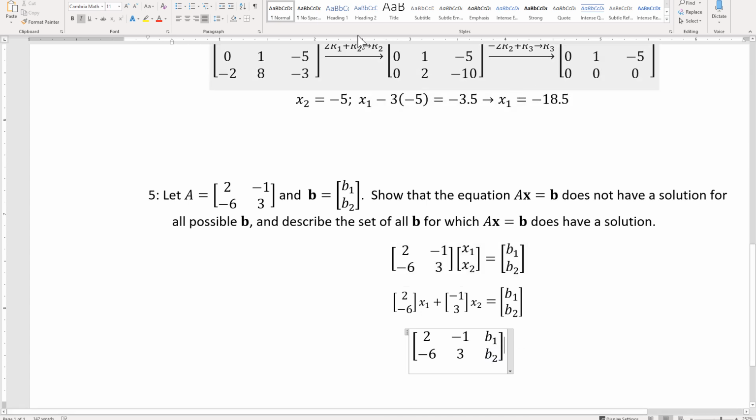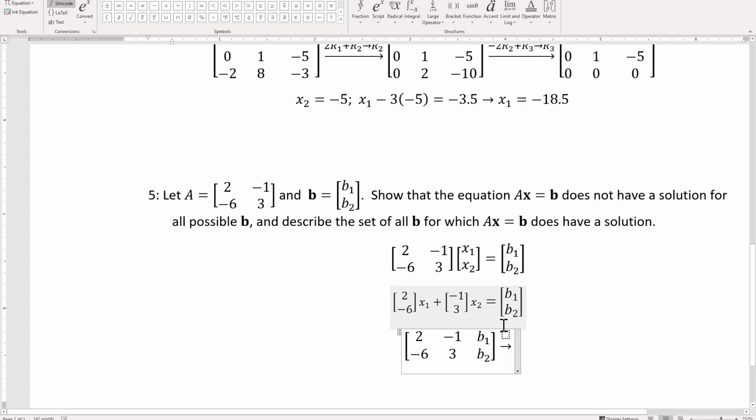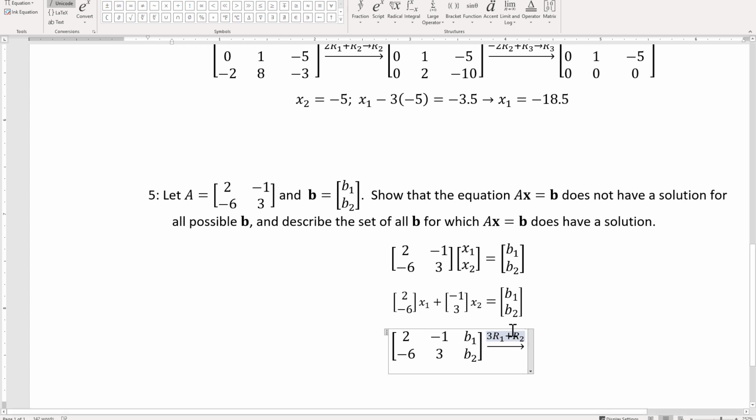Then we'll do one operation, which is all we need, where we multiply the first row by 3 and add it to the second row. And then we're going to replace the second row.